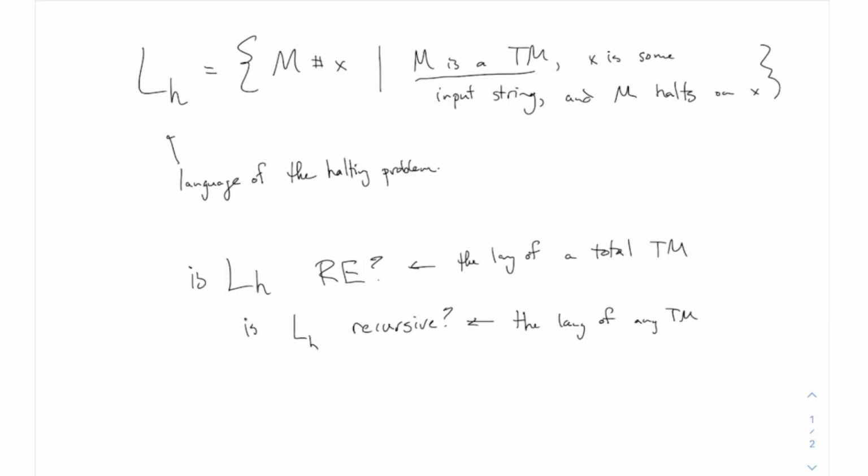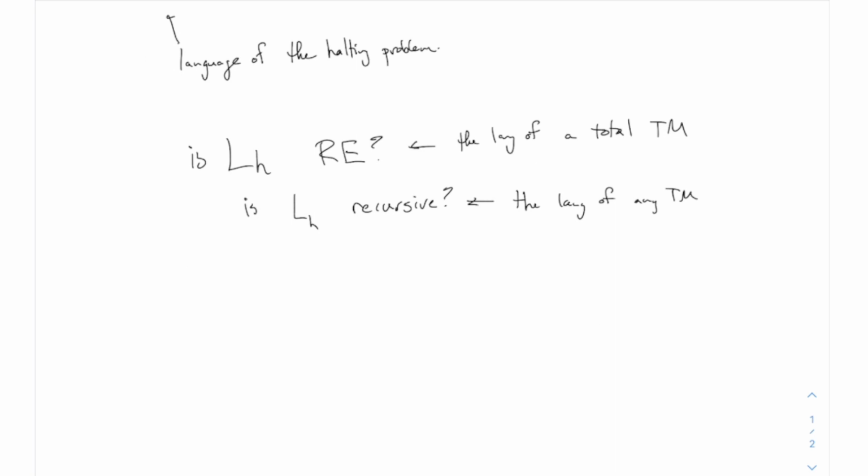It turns out, so what we're going to show is, well, actually, I'm sorry, I have these backwards. RE means, sorry, I wrote this backwards. The word total is in the wrong one. RE means the language of any Turing machine. Recursive means the language of a total Turing machine. Sorry about that.